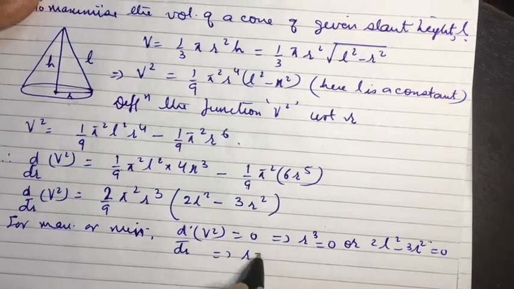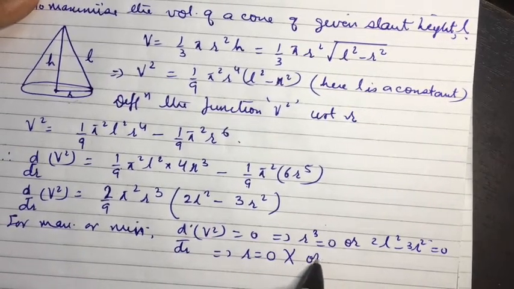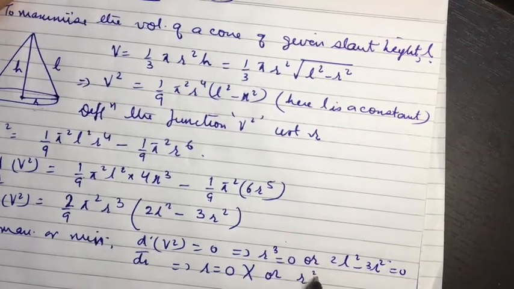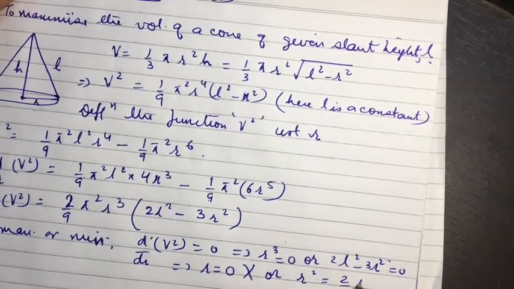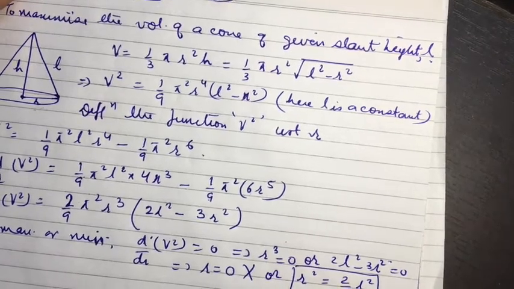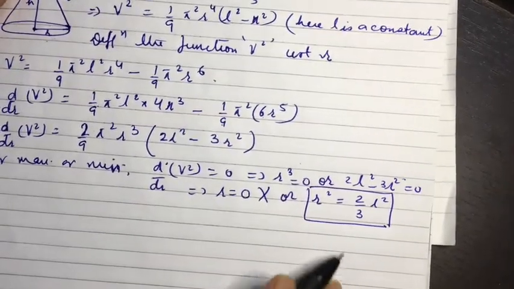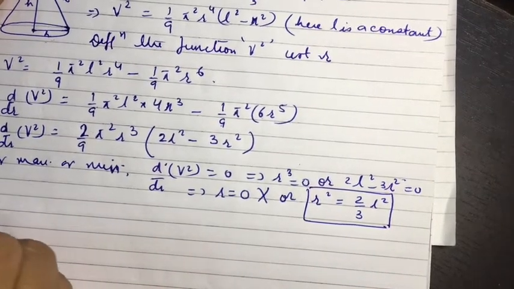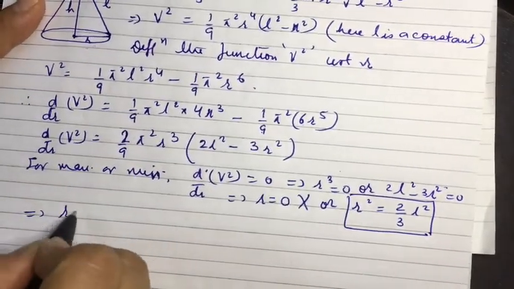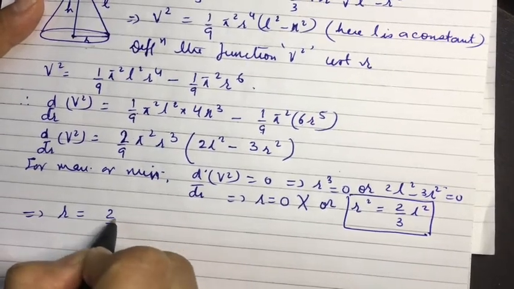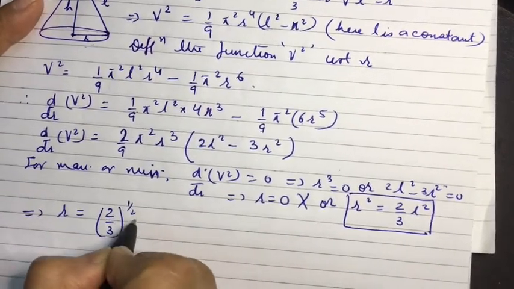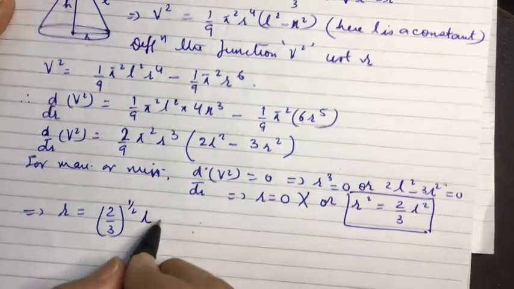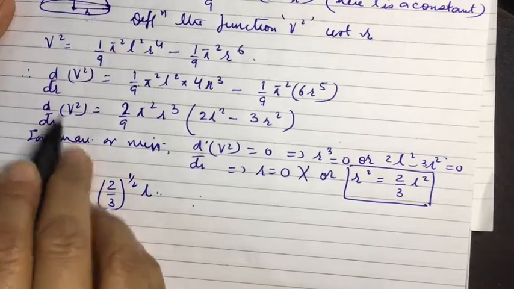This gives us r equal to 0, which is not possible, or we have r square equal to 2 by 3 L square. So we have got one result as r square equal to 2 by 3 L square, which can be written as r is equal to 2 by 3 raised to the power of half into L. Okay, now corresponding to this we have to check the second order derivative.